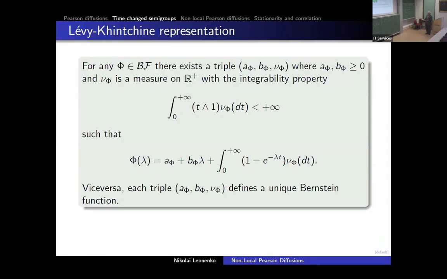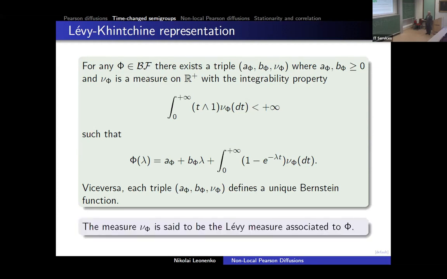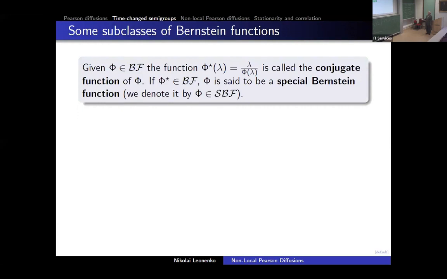And again, we have the Lévy-Khinchin representation, only to introduce notation: mu phi is the Lévy measure, and basically we have a triplet, defined uniquely, for a Bernstein function. And again, the notation is still the same as in Giacomo's talk. We have phi of lambda, and this Lévy measure is associated to it, and important is the function called conjugate to this function, and if this conjugate belongs to the Bernstein function class, phi is said to be a special Bernstein function.